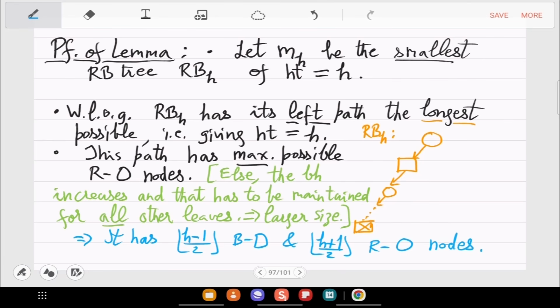There might be an issue here. I think by height I mean here number of nodes, which is slightly different from what we had defined before. So let me redefine it here.